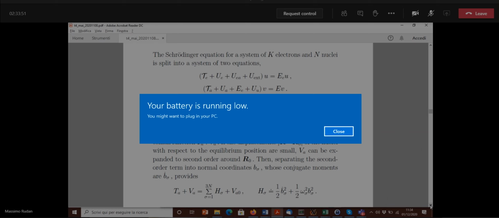We have considered that the forces among these atoms are very strong, so the displacements of the atoms with respect to the equilibrium positions are small. Then we have, at that point, expanded the potential energy to second order. The first order is 0 because the expansion is around the equilibrium position of the atoms.